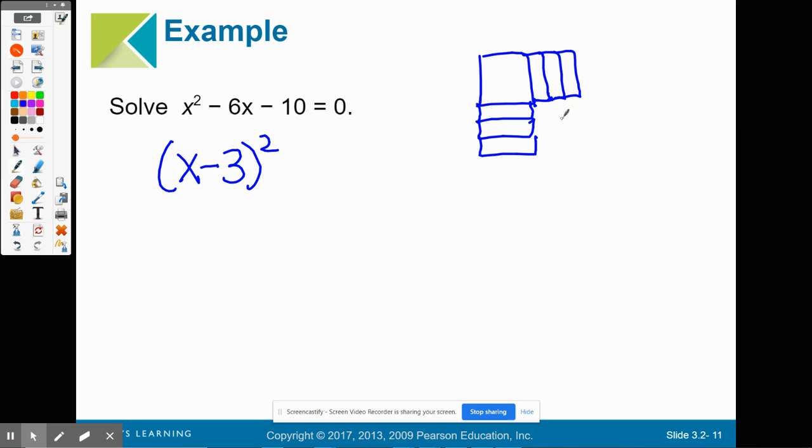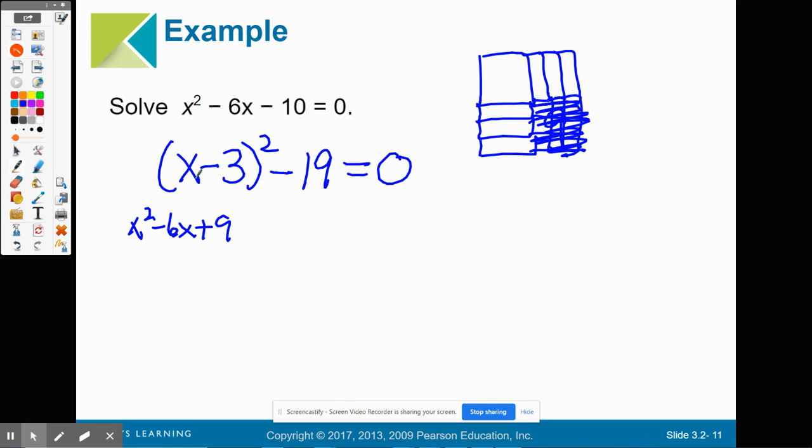But if I had that in the corner, I would have 9 little ones. So x minus 3 squared is actually x squared minus 6x plus 9. But I don't have 9. I have negative 10. So what do I need to do? I need to take away the 9 because I don't really have that. And I also am 10 down, so I need to subtract 19.